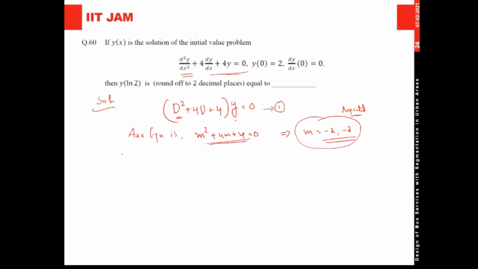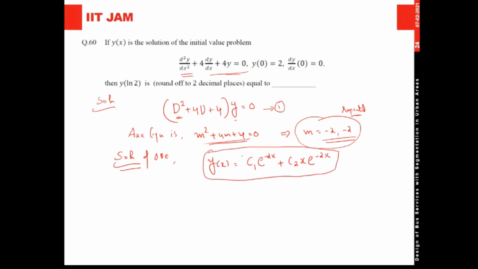Okay, so the solution of the ODE, y of x, since it is a repeated root, is C1 e raised to minus 2x plus C2 x e raised to minus 2x. Okay, tell me if you have any doubt.